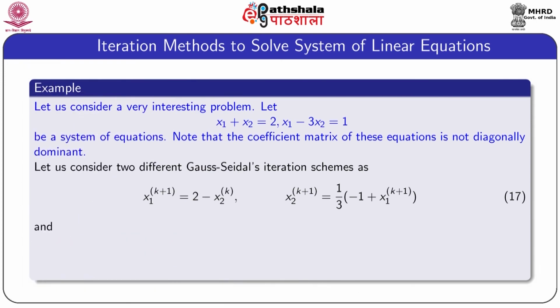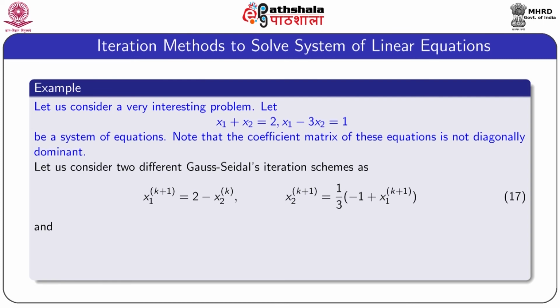Now, we consider a very interesting problem. Let x1 + x2 = 2 and x1 − 3x2 = 1 be the given system of equations. It can be verified that the given system does not satisfy the sufficient condition for convergence. That means the coefficient matrix is not diagonally dominant.